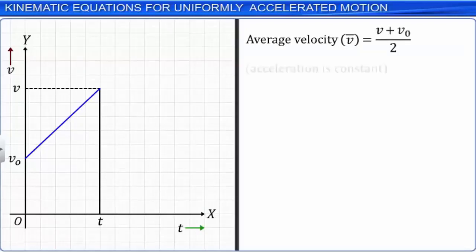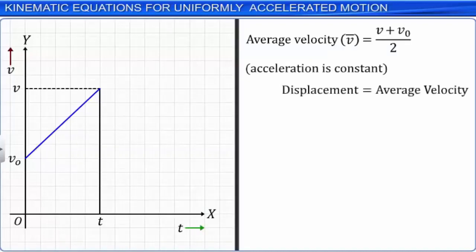From equation 1, v is the sum of v0 and at. By rearranging the equation, we get time t equal to the ratio of the difference of v and v0 and a.